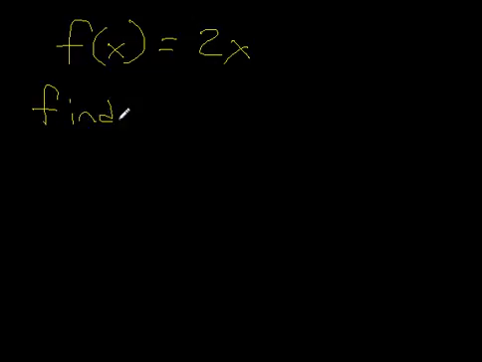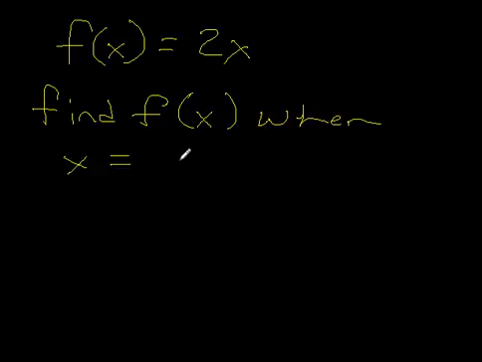Evaluating functions. So we're going to take a look at this problem here. For f of x equaling 2x, I want you to find f of x when x equals 10 and when x equals 12.5.